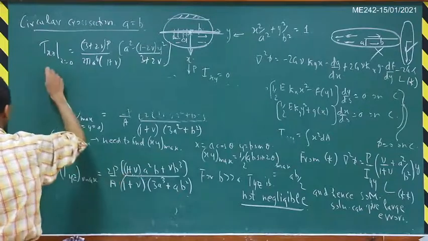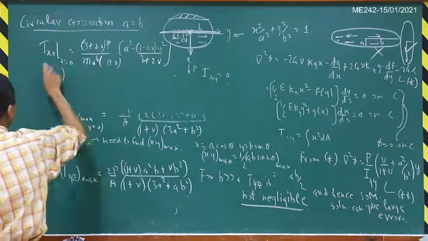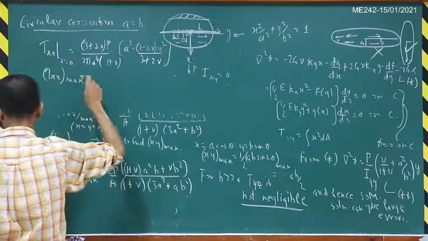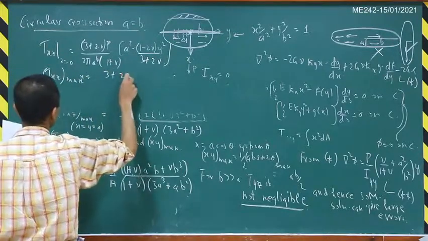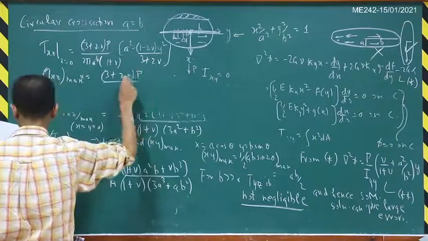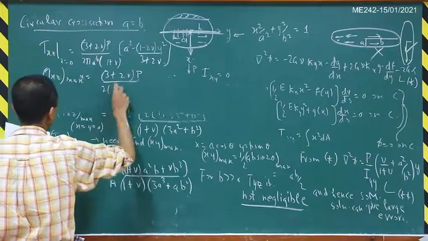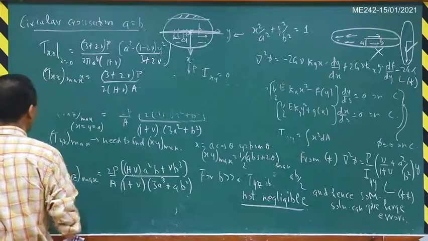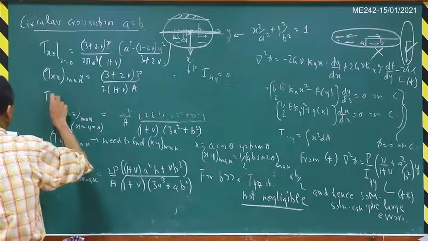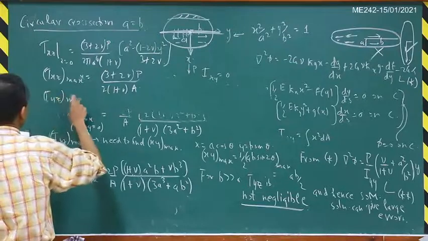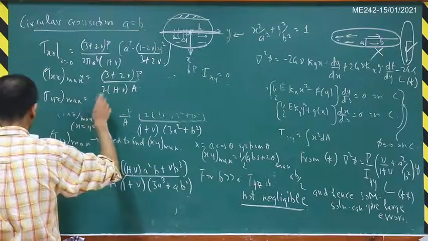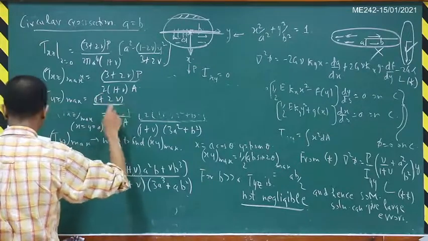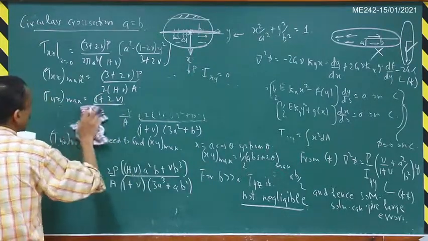So tau xz max occurs at the center of the circle. Tau xz max is equal to (3 plus 2 nu) times P divided by 2 into (1 plus nu) times a. And your tau yz max is equal to (1 plus 2 nu) divided by this particular thing here.